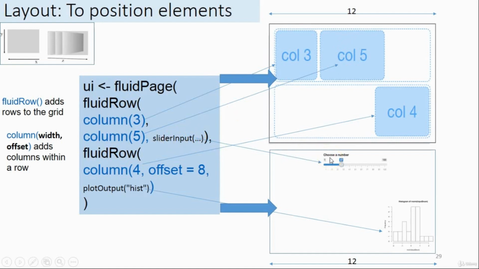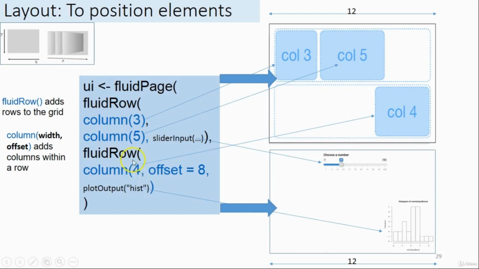So let us show it. This is one way, and this is the output of this one. So 3 means the very first one is around 3, which is blank. Then 5, and the 5 is where the slider input has been given. So this input widget has been kept over here. And if you see the second row, column 4, that is fine.